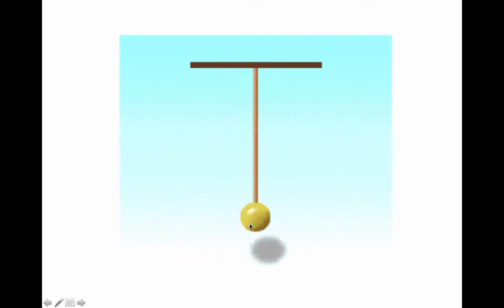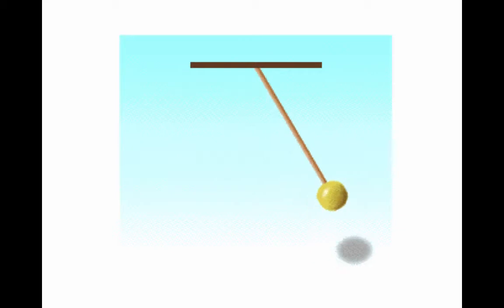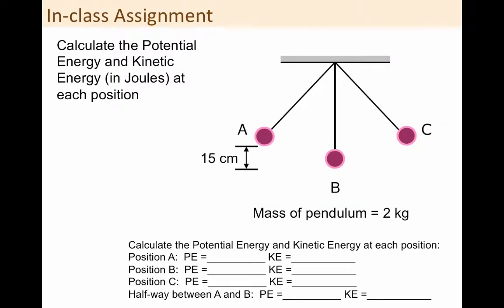So keeping these aspects of the pendulum in mind, let's go back to our problem. It asks us to calculate the potential and the kinetic energy at each of these positions. We're given a few things here.